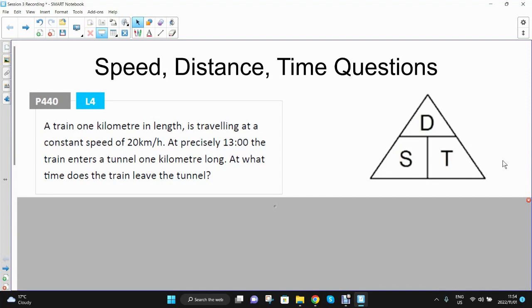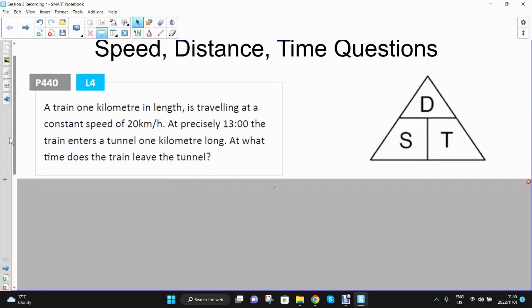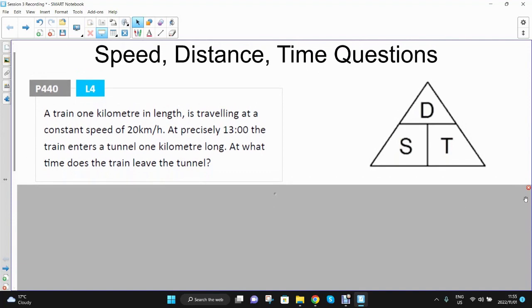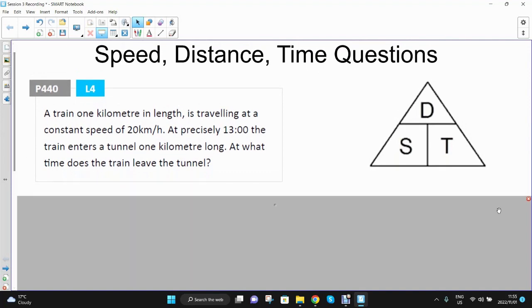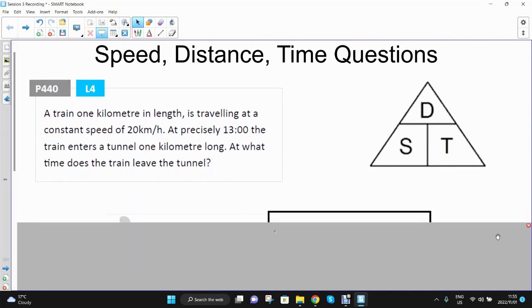And if you want the speed, you will then take distance divided by time, etc., etc. So I normally call this the DSTV triangle. That's how I normally remember it. So you can do the same, and you will notice that it's basically the same triangle that you use in your normal maths curriculum as well.